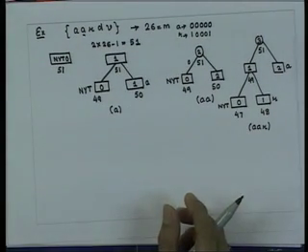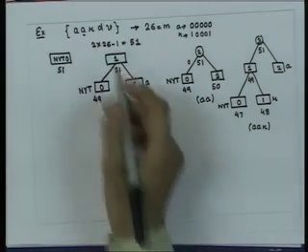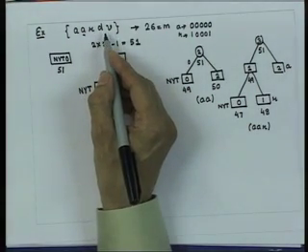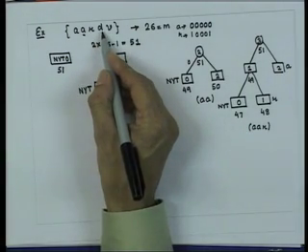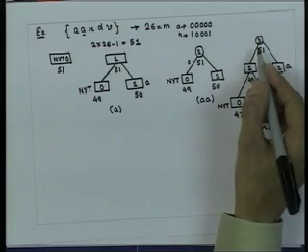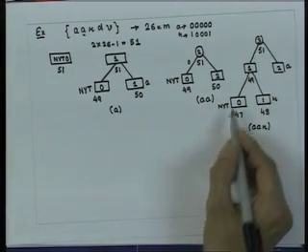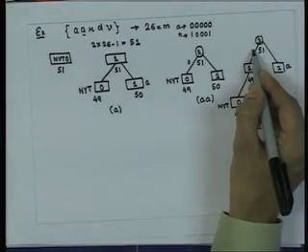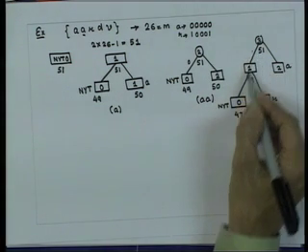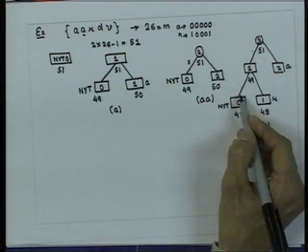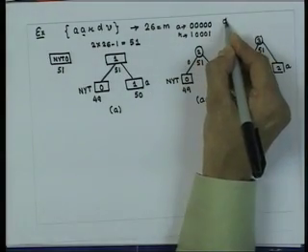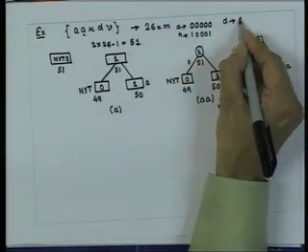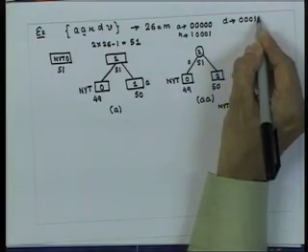Now, when I transmit the letter D, again the transmission of D is for the first time. So, we have to send the NYT node. To send the NYT node, we have to send the code 00 followed by the code word for D, which is 00011.